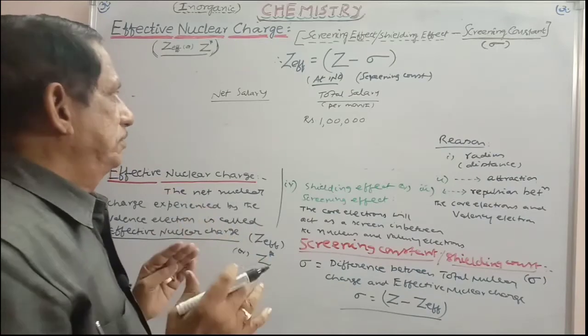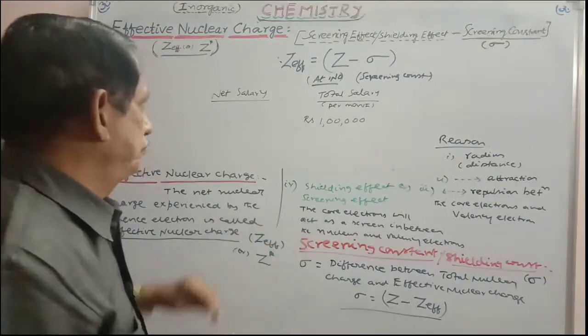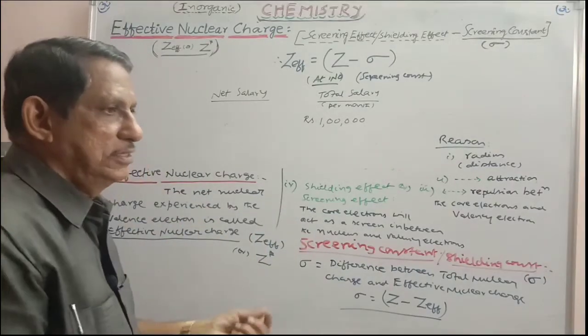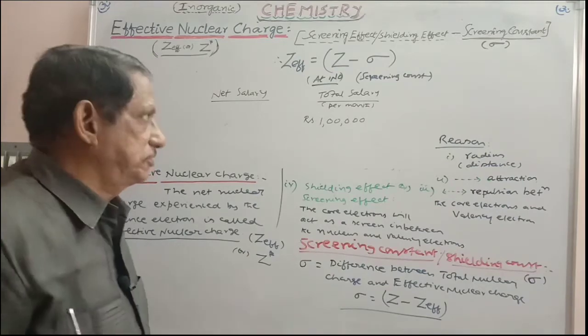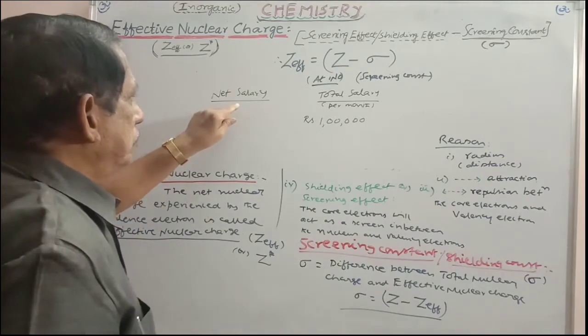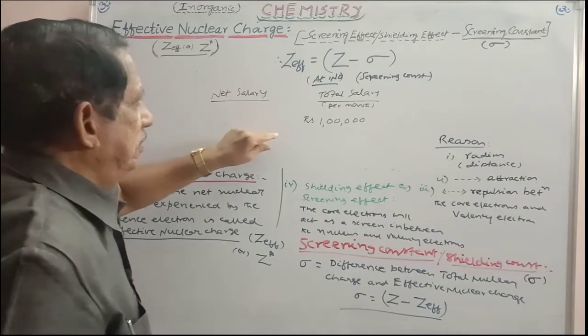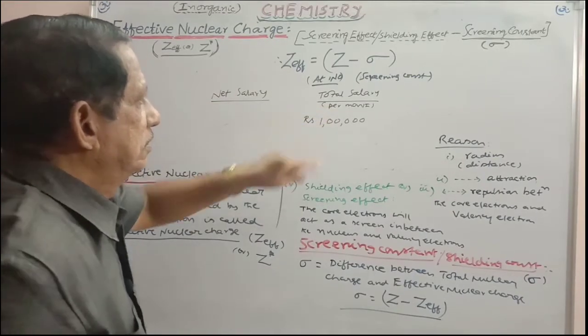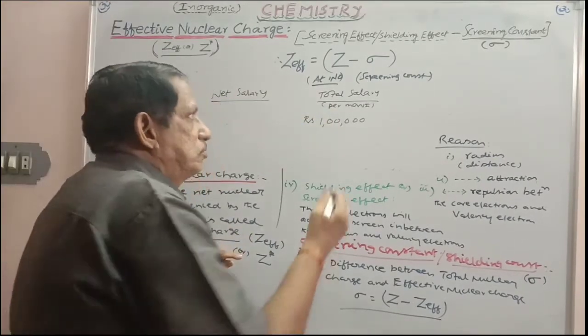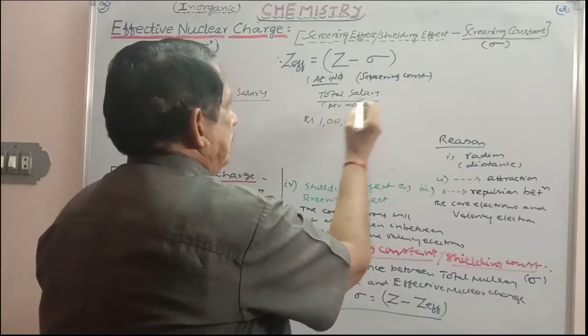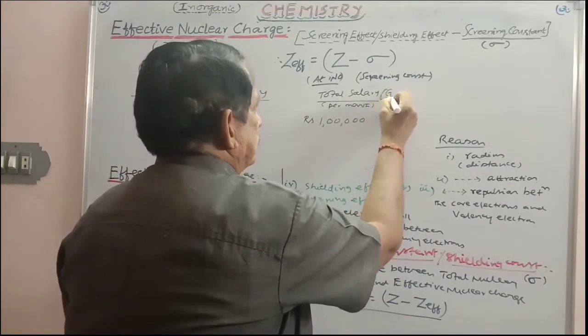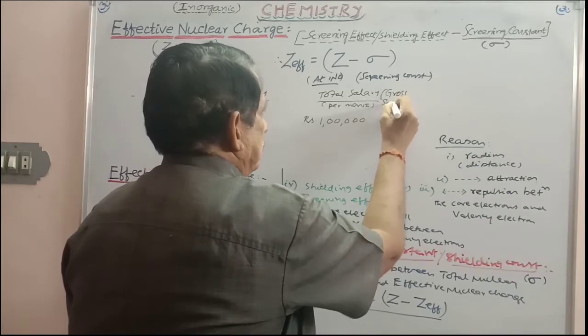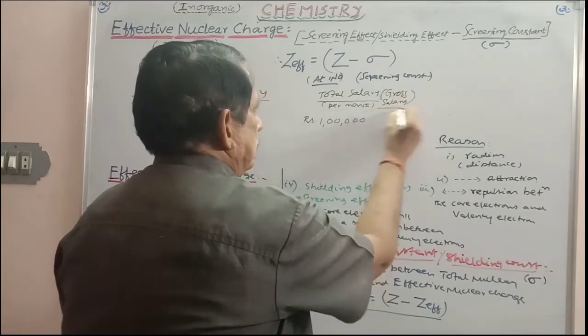What is the amount that is taken by him to the home? That is net salary. Actually, by hand, how much amount he is going to get? If you want to know the net salary, it is not the gross salary. This is total salary, which you call gross salary. This is also called gross salary.